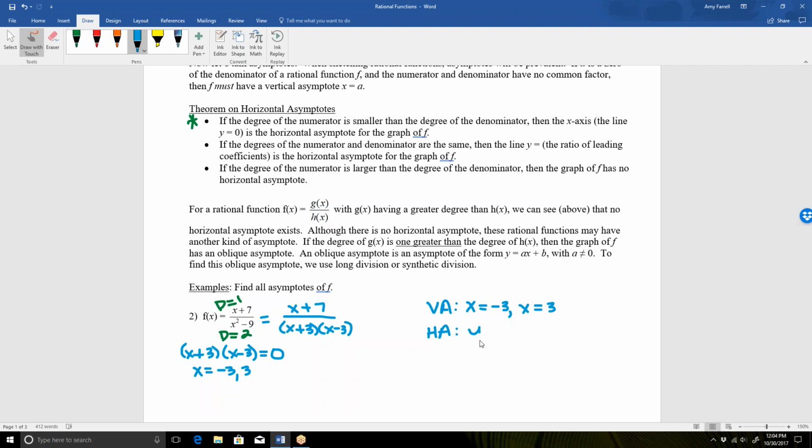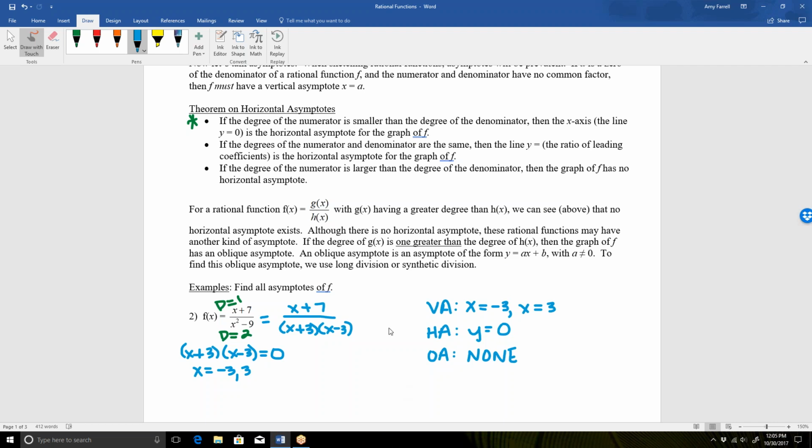So horizontal asymptote is y equals 0. Oblique asymptote is none. We're not going to have one. We're only going to have an oblique asymptote when the degree of the numerator is 1 bigger than the degree of the denominator, so 1 greater than. So no oblique asymptote for this one.